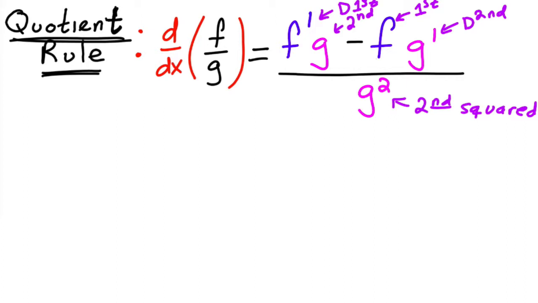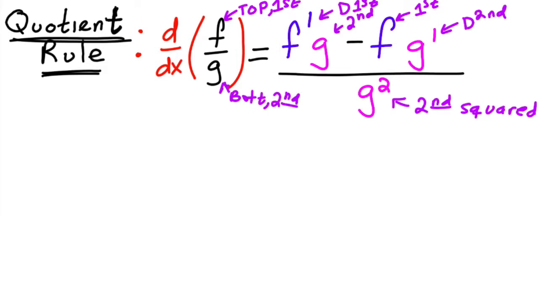Notice how you always take the derivative of the first, or in this case I'm calling the top the first. So you can say top or you can say first, either one would work. And this one's the bottom, or the second.